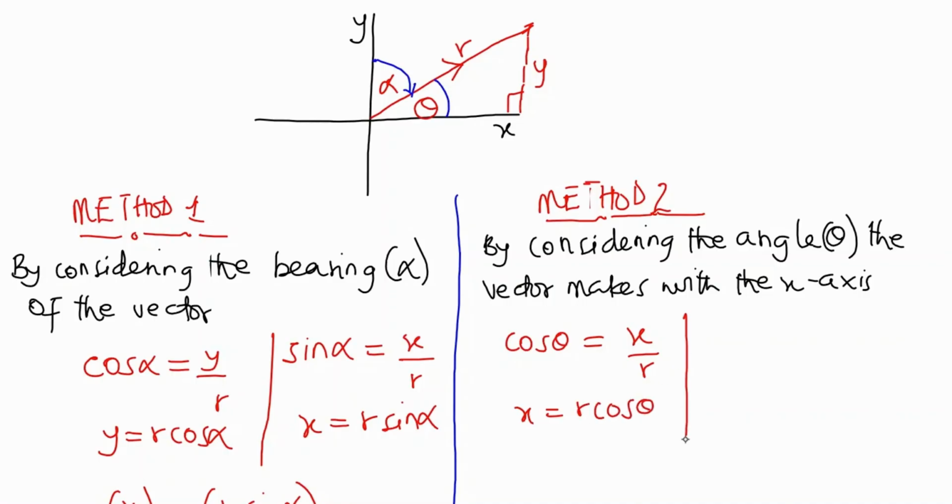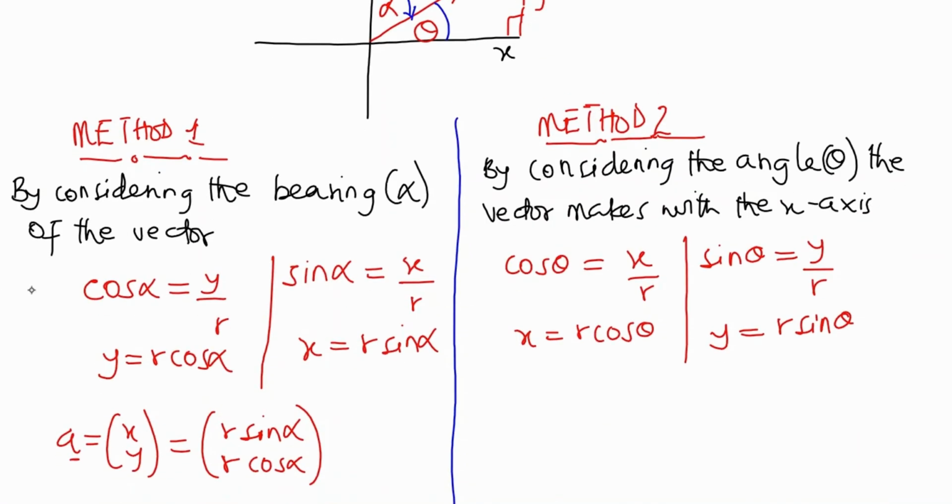And then when we consider the sine of it too, we're going to have sine of theta, which is equal to the opposite, which we know to be y, and then the hypotenuse, which we know to be r. So here it means that our y is equal to r sine theta.